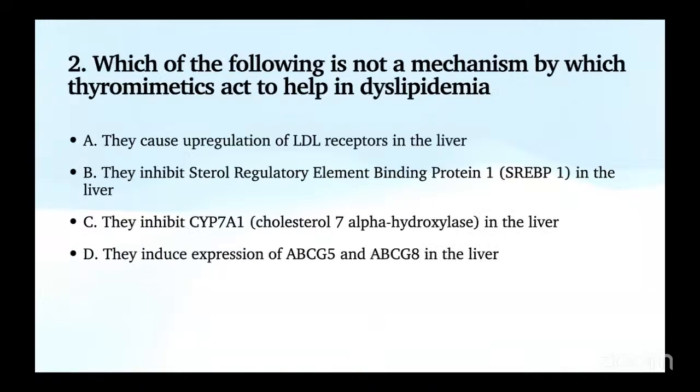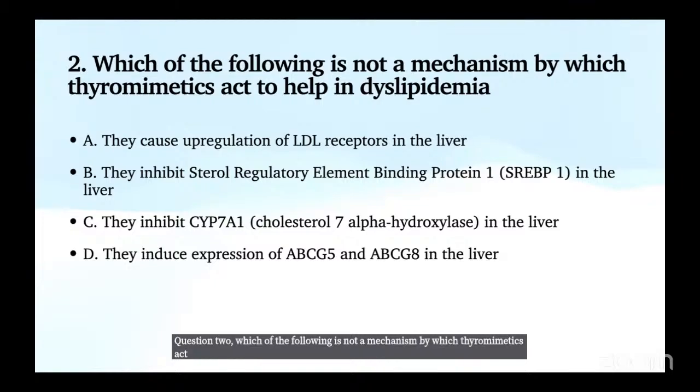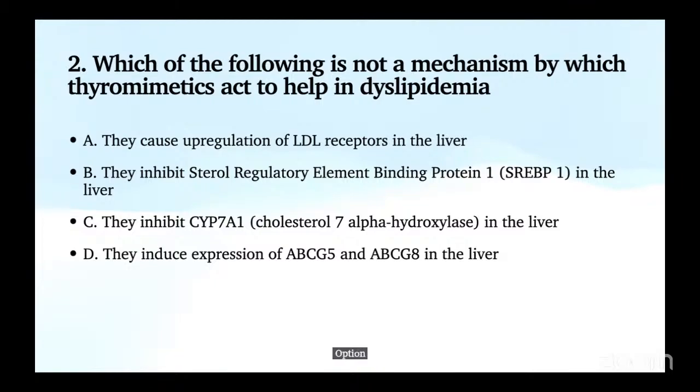Question 2. Which of the following is not a mechanism by which thyromimetics act to help in dyslipidemia? Option A. They cause upregulation of LDL receptors in the liver. Option B. They inhibit sterol regulatory element binding protein 1 in the liver. Option C. They inhibit cholesterol 7 alpha hydroxylase in the liver.